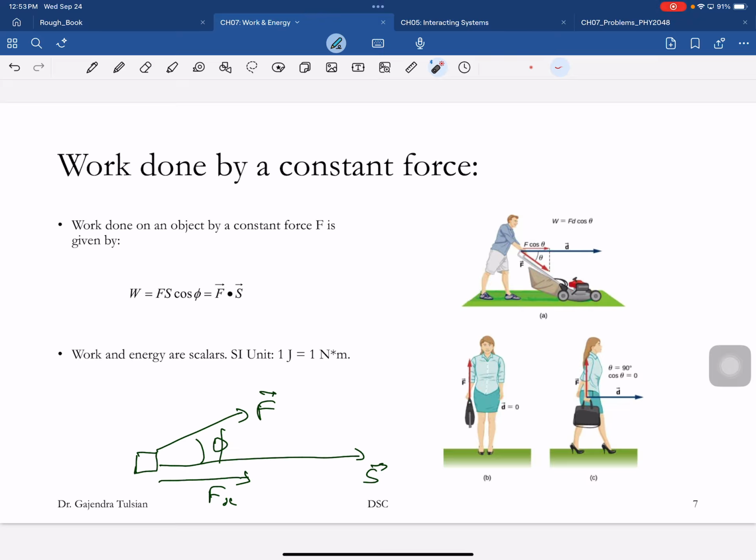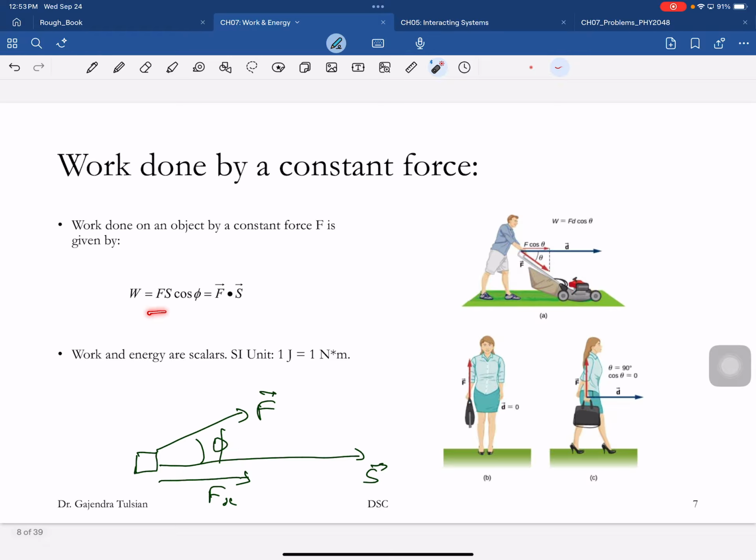When you do 100 joules of work, what you have done is transferred 100 joules from you to the object. Work and energy have the same units. Work and energy are scalars, and their units are joules.